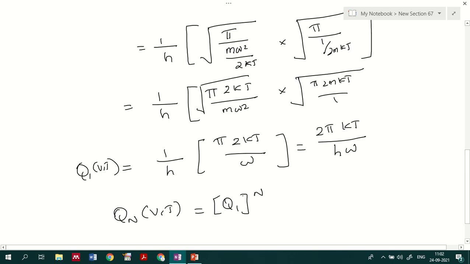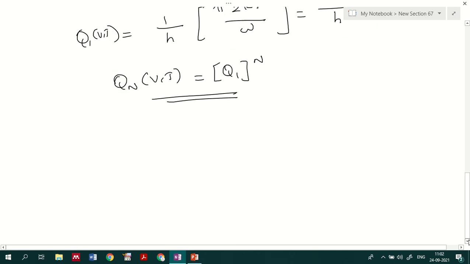Okay, so this is how I will be getting the corresponding representation in this case. And we know that when you consider a harmonic oscillator case, the particles are distinguishable. So the corresponding representation of each particle can be distinguished when you consider a harmonic oscillator.